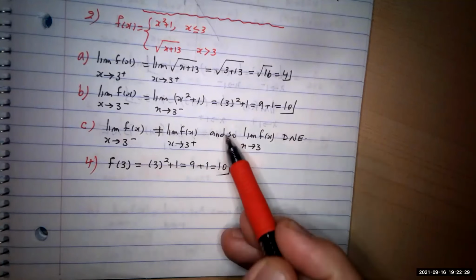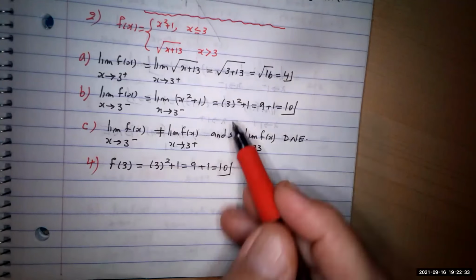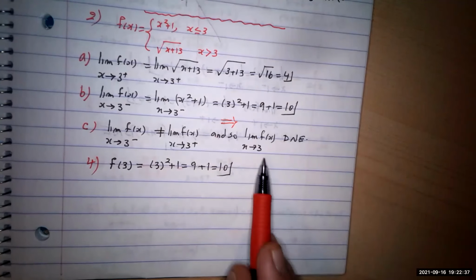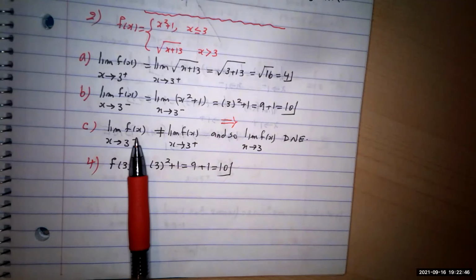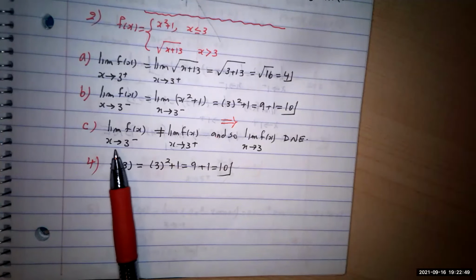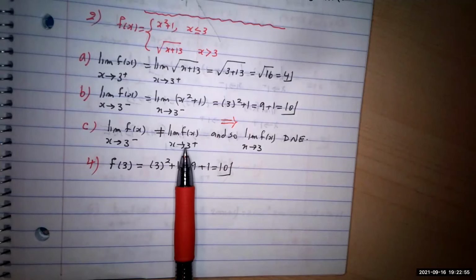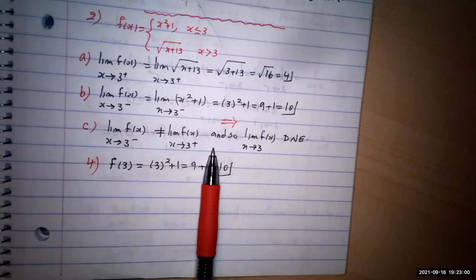So instead of 'and so', you say this is not equal to, then you can say that would imply that this limit does not exist. The way some of you wrote it is: limit of f of x as x goes to 3 is equal to the limit of f of x as x goes to 3 negative, and is not equal to the limit as x goes to 3 positive. So the limit does not exist. Your expression doesn't make sense.